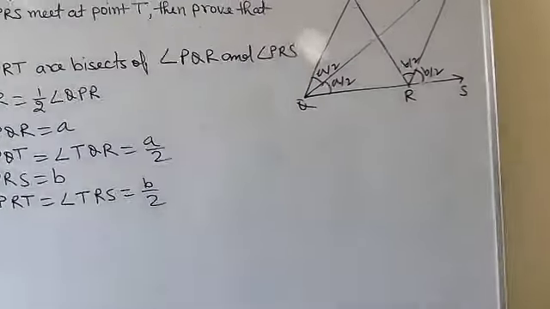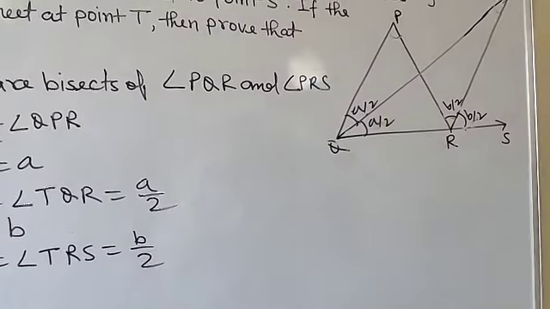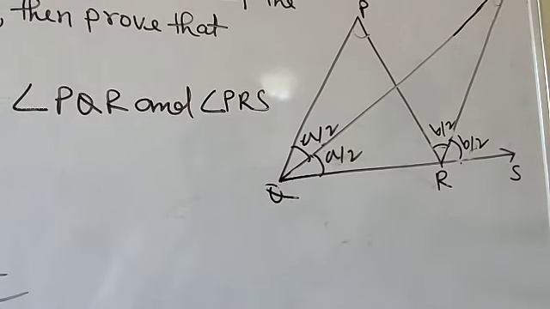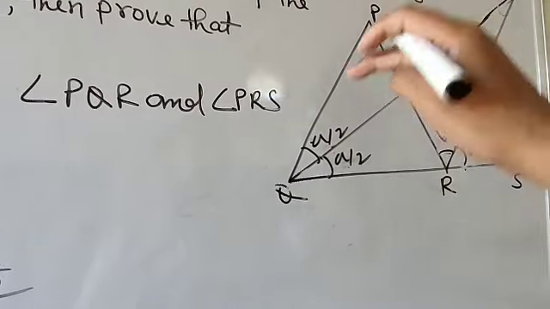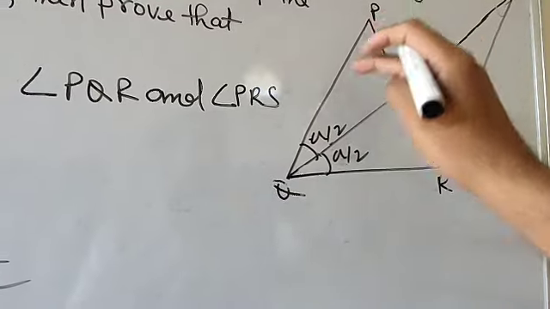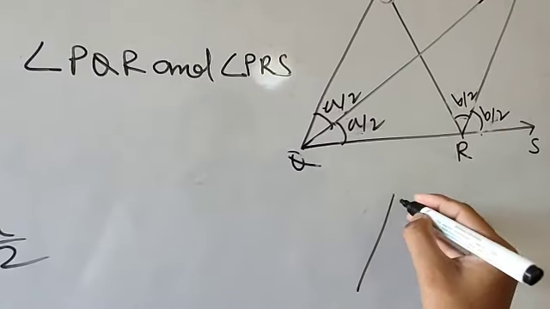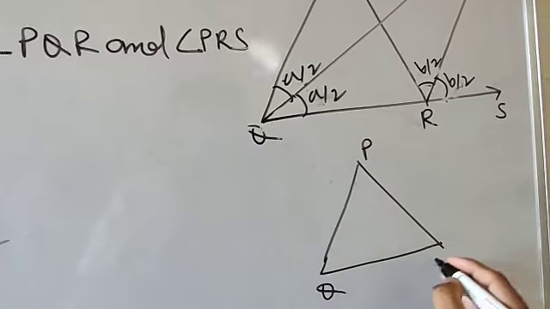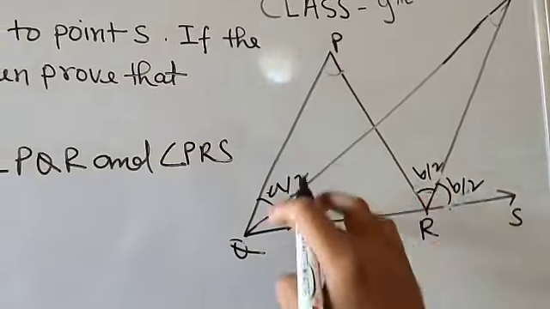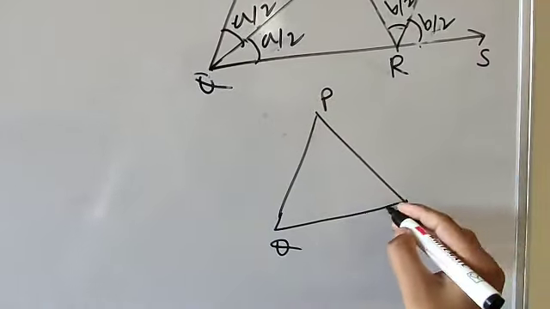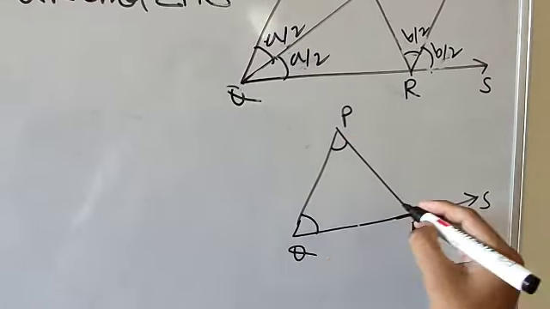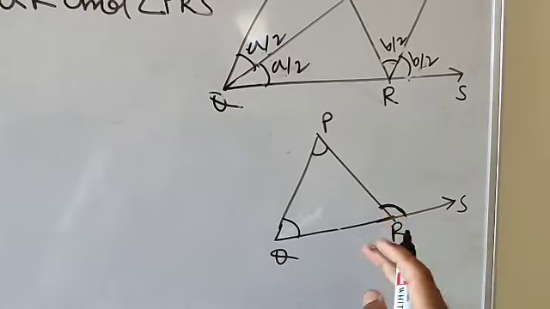Now students, I am going to take one of the triangles. Suppose I take triangle PQR. I have drawn this triangle separately here, PQR, and if I extend it up to point S, then what is the relation between these angles?